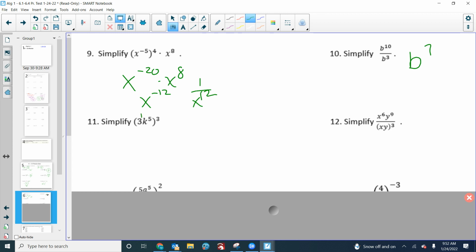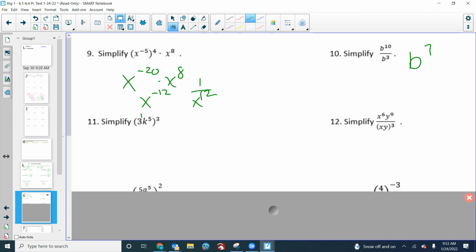Basically, you multiply 5 and 3, and then you get 15, and then 3 times. Oh wait, that's wrong. Wait. Oh, I thought you did this. Okay, hold on. Take a breath. I'm raising a power to a power, so what do you do with the exponents?